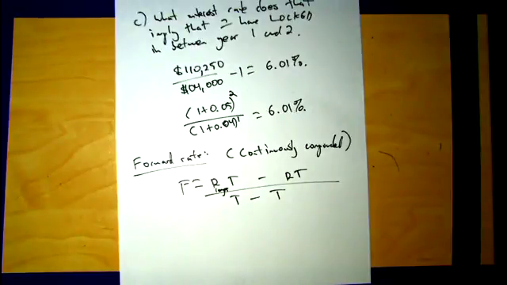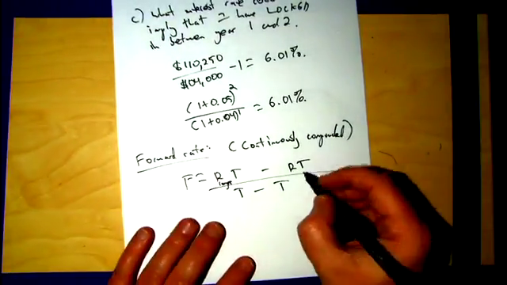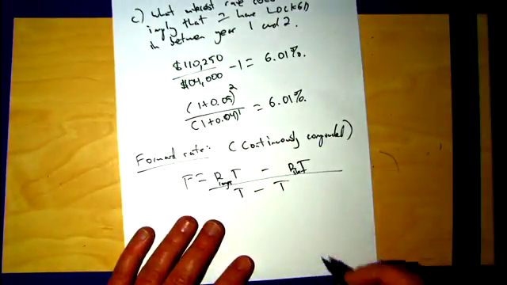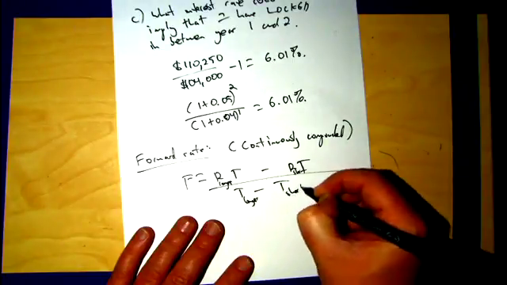Okay, so if you want to lock in the rate between years 3 and 4, it's the longer time rate, so the 4-year rate. And this rate is going to be the shorter period. And this is the longer period, and this is the shorter period.